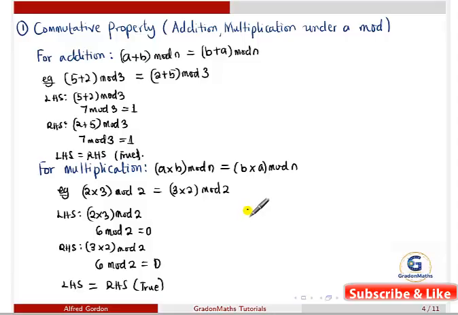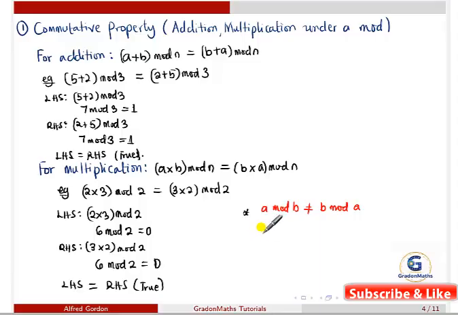But this is what I want you to note here. Note that for commutativity, a mod b is not equal to b mod a. So we should take note of this.